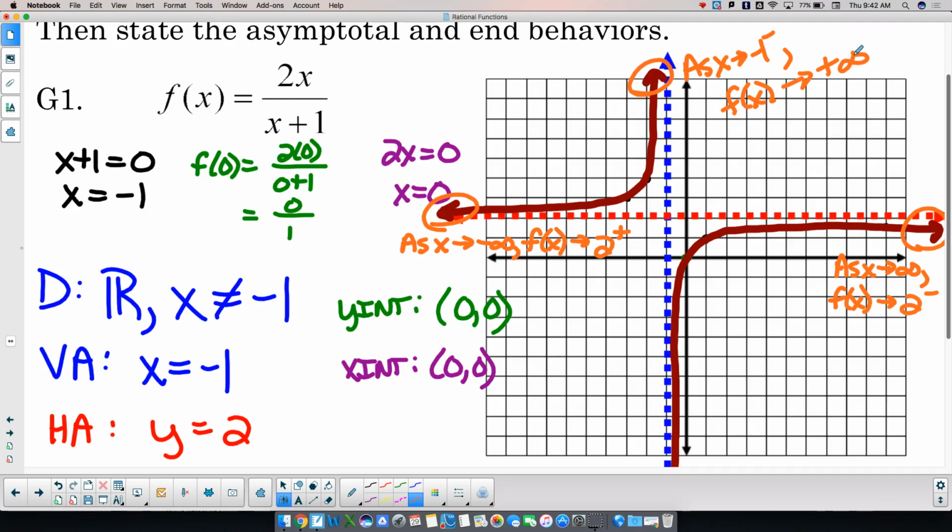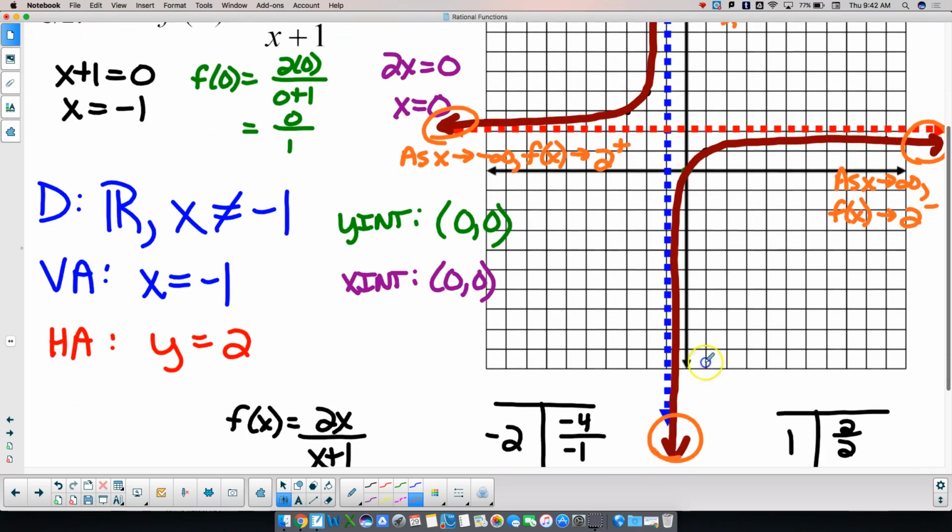This one down here is saying as x is approaching negative 1 from the right, my function is going to, there it is, negative infinity. So from the graph, you can get your asymptotal and your end behavior like that. Okay? You don't have to think about it anymore. Okay?